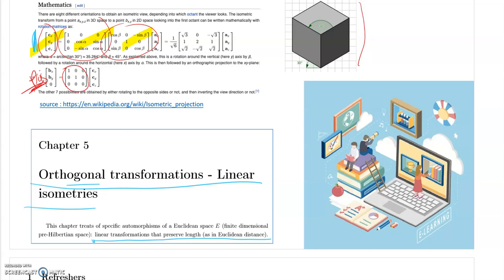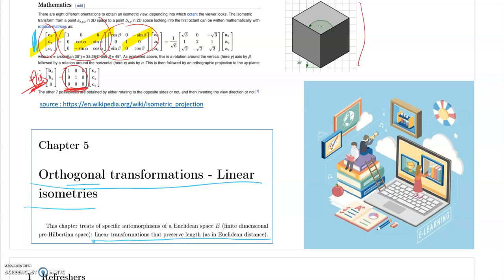You just keep the XY component of your XYZ. That's a very, very simple projection matrix, and I hope you all understand how this matrix is doing this projection.